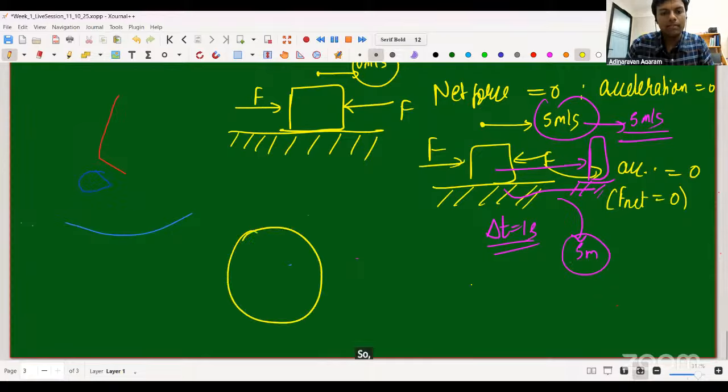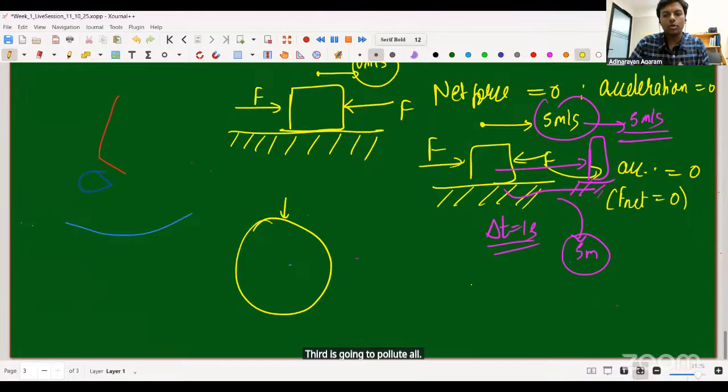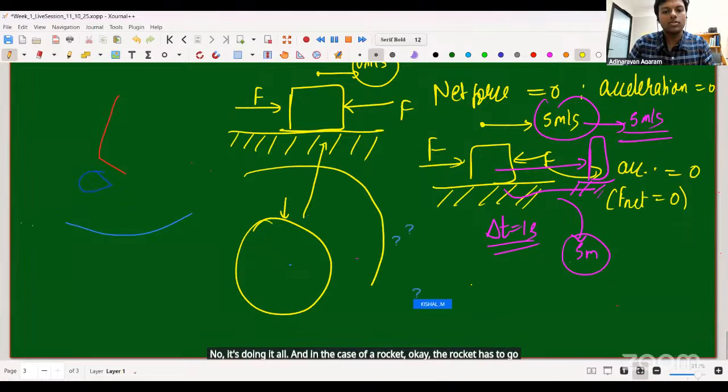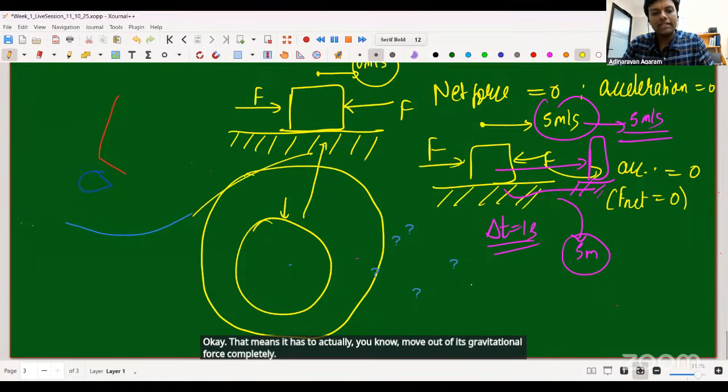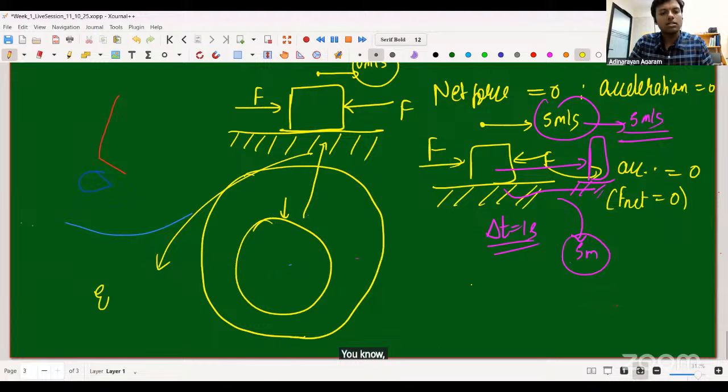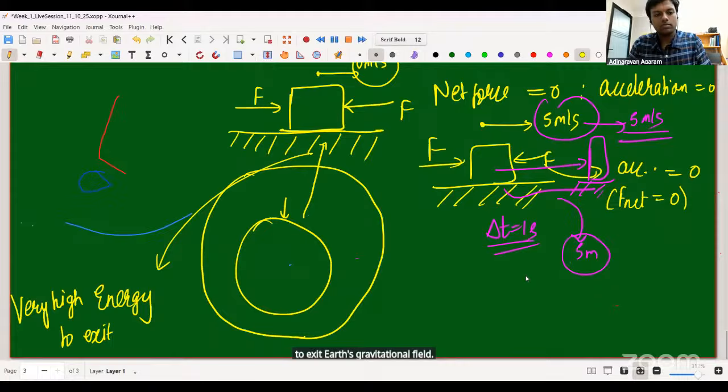So say there is Earth, and the Earth is going to pull you down. In the case of a rocket, the rocket has to go out of Earth's atmosphere. That means it has to actually move out of Earth's gravitational force completely. And that requires very, very high energy to exit Earth's gravitational field.